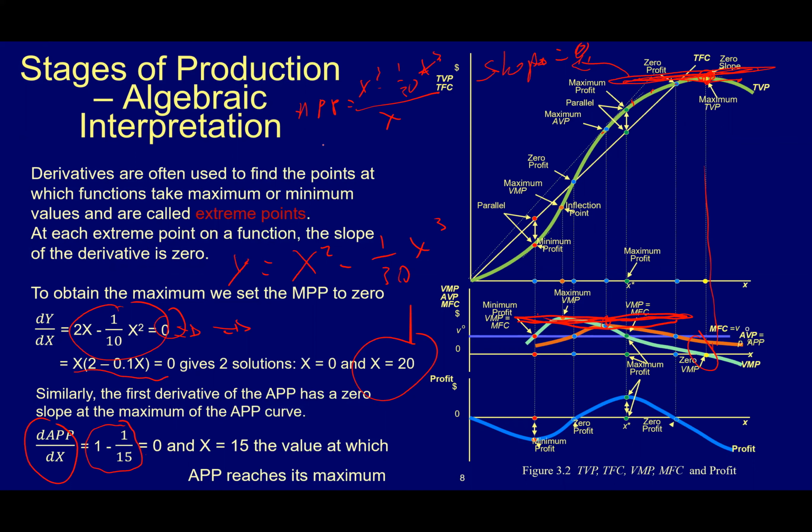So the average physical product is x minus 1/30 x squared, and we set this equal to 0.